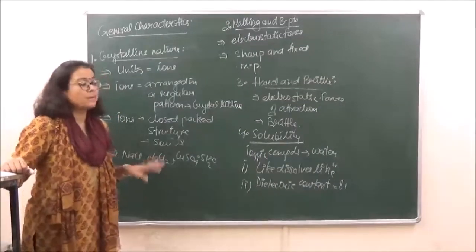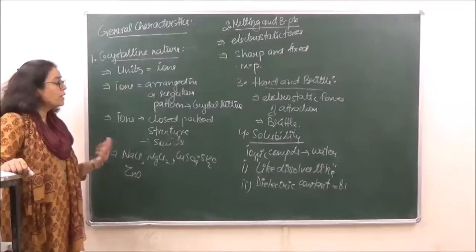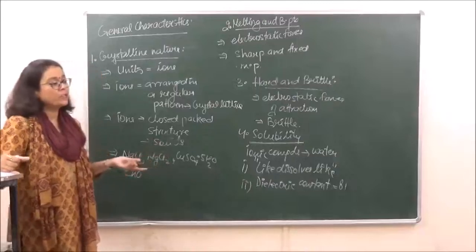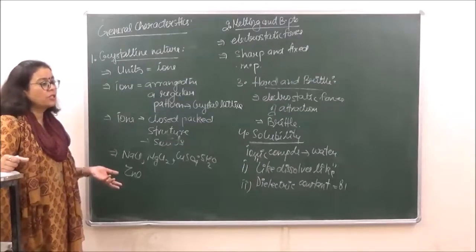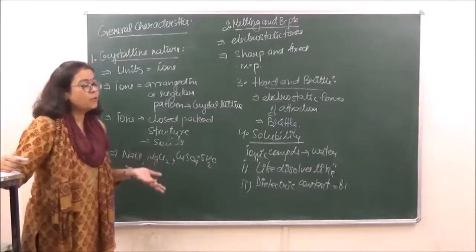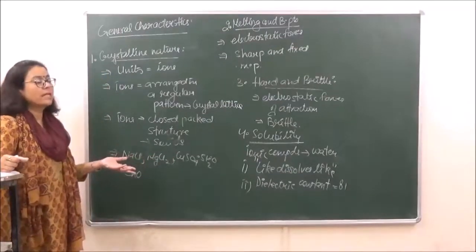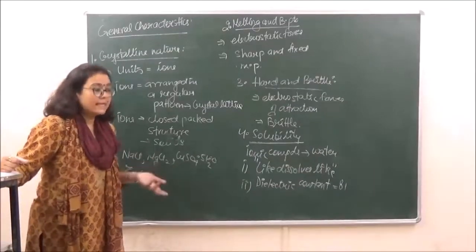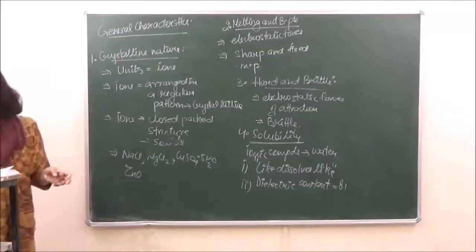Once those bonds are broken, the ions are free, as a result of which they get solvated. So only those solvents can dissolve solutes which have a high dielectric constant. Water has the highest dielectric constant amongst all the solvents, which is 81, as a result of which it is said to be a universal solvent. Others have low values, like organic solvents such as benzene, alcohol, carbon tetrachloride and ether, so they are unable to dissolve the ionic compounds.